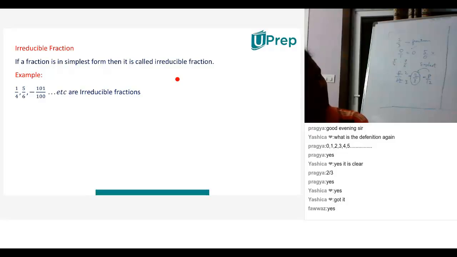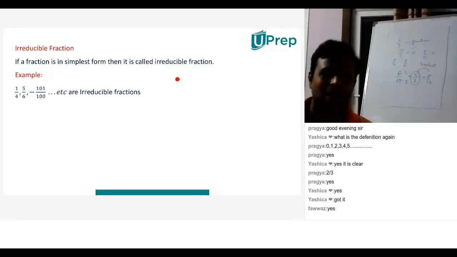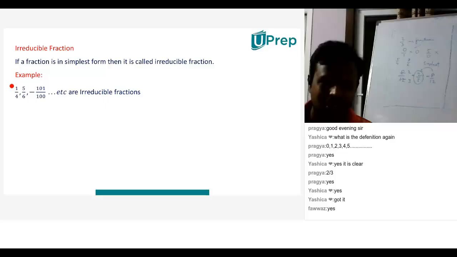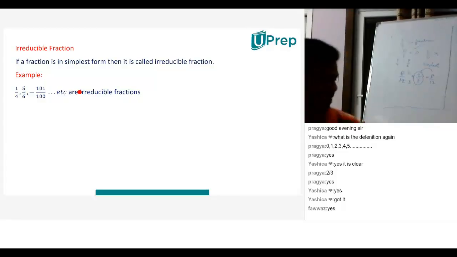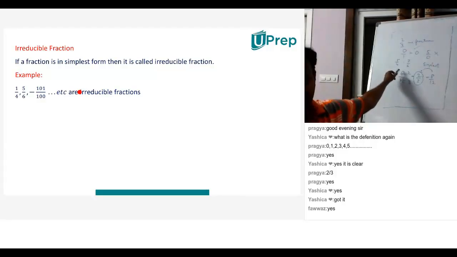Please listen carefully. If you observe these examples, 1 by 4, 5 by 6, 1 by 100, the numerator and denominator do not have any other common factor except 1. If we see the previous case where we did 8 by 12, the common factor for both of them is 4, isn't it?